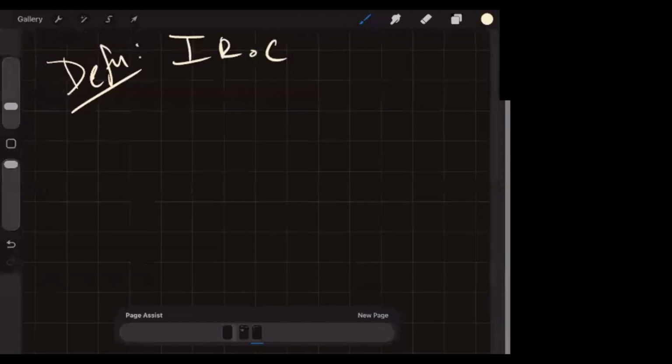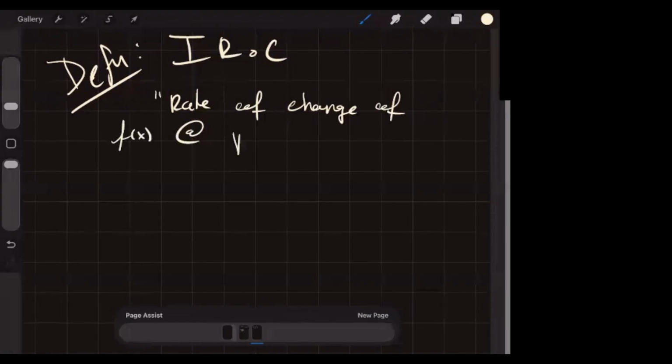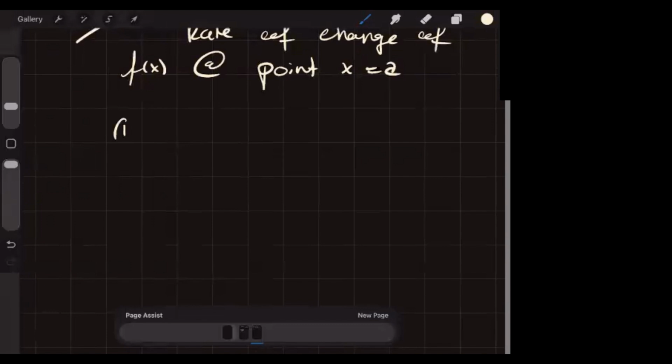The instantaneous rate of change is defined as the rate of change of some function f of x at point x equals a. There's two ways you can go about it. One, the limit as h approaches 0 of f of a plus h, in this case you're using x equals a, right?